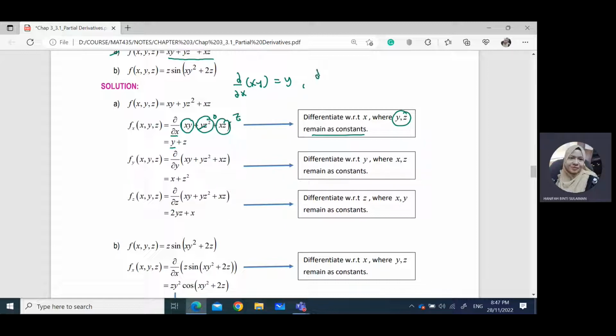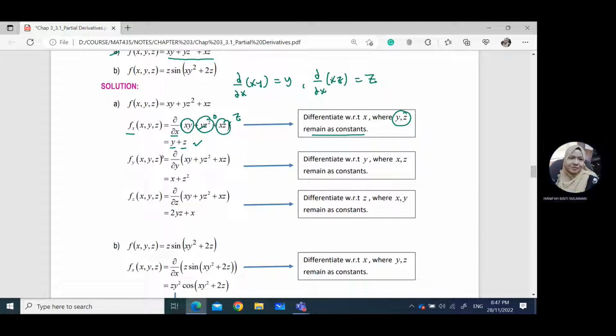Okay, so this one, the derivative with respect to x on xz is z. So this is why we have this answer: the partial derivative with respect to x on xy plus yz squared plus xz is equivalent to y plus z.